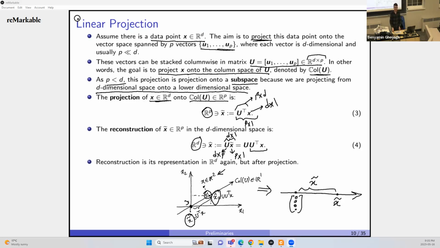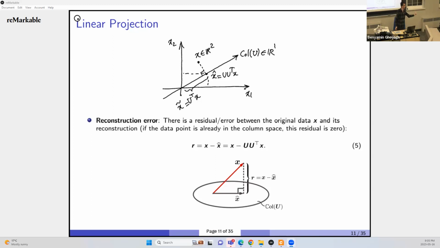Therefore, there is always some reconstruction error, some residual. As you see here, there's a distance between x and x hat. You might be wondering, why don't we say x minus x tilde? This is the definition: x minus x hat. X minus x tilde is nonsense mathematically.